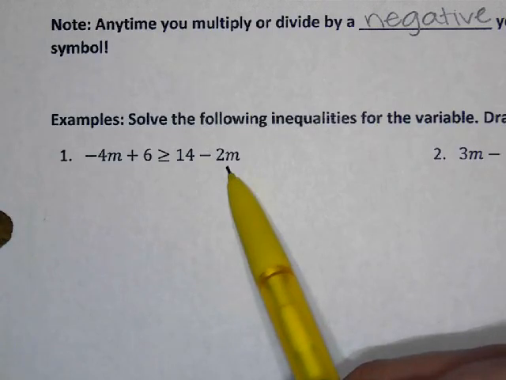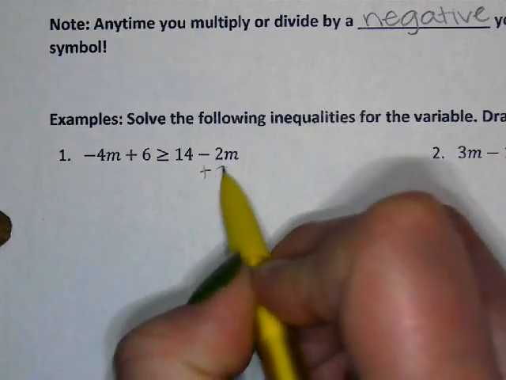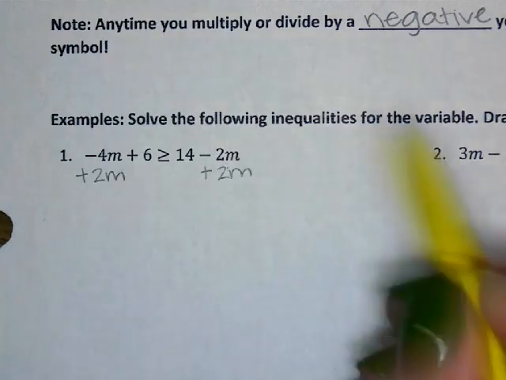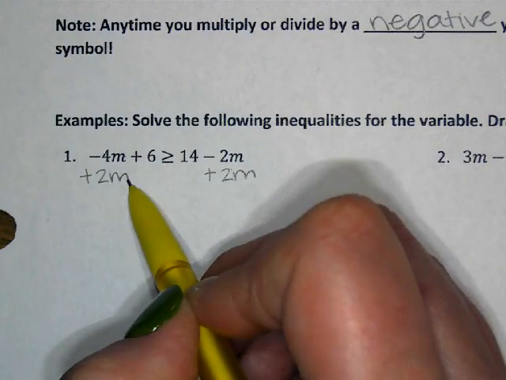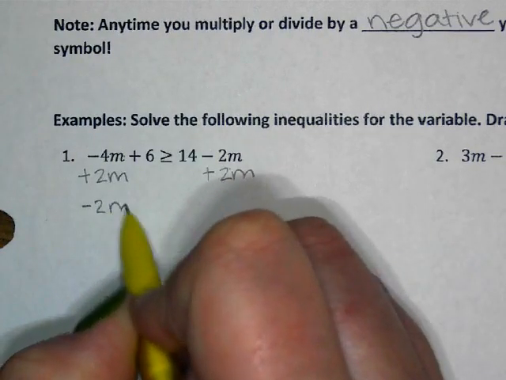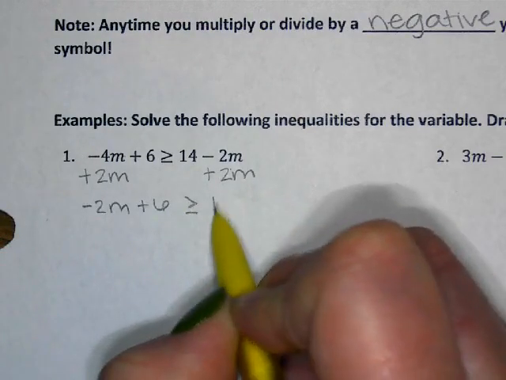You would do the opposite of the sign, right? So you would add the 2m. Okay, so we would have negative 4m and positive 2m gives us what? Negative 2m plus 6 is greater than or equal to 14.